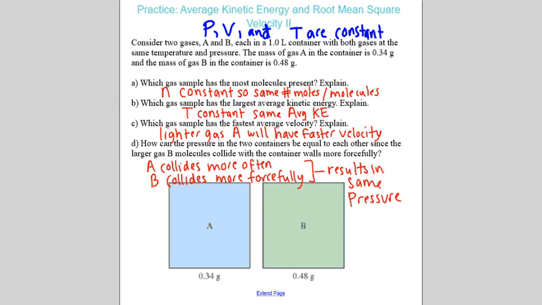So pretty much everything here is overall the same. The only answer that really shows any difference is that A will move faster because it's lighter, and the reasoning is that A is faster but less forceful, B is slower but more forceful, so it balances out.